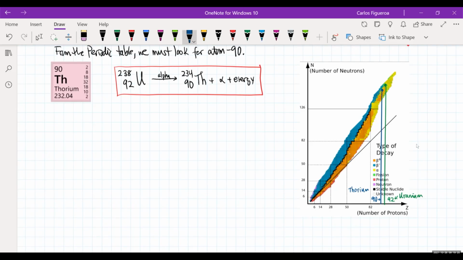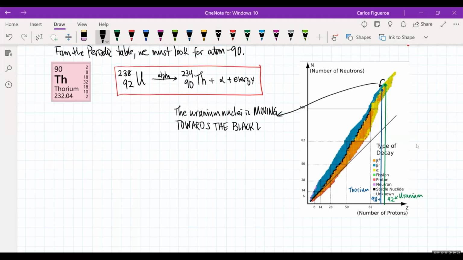And what you're seeing here is that uranium, in this case, the uranium nuclei is moving towards the black line of stability.